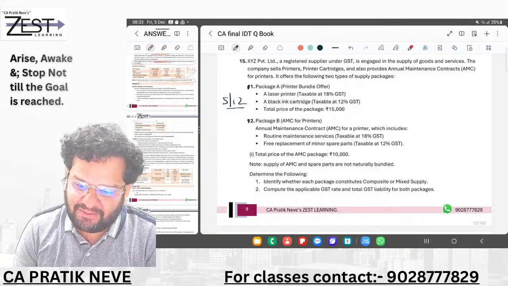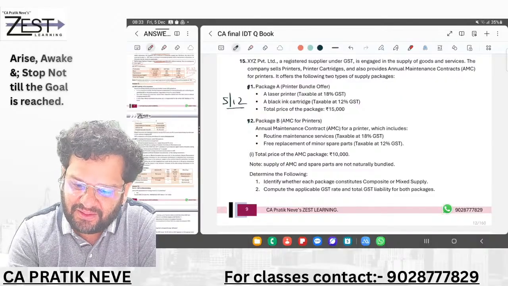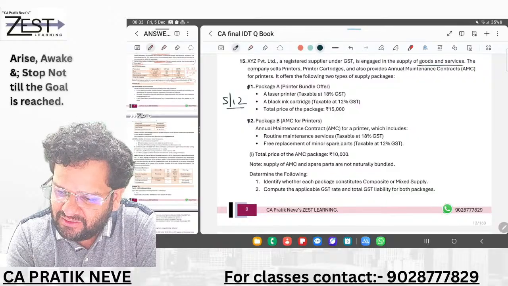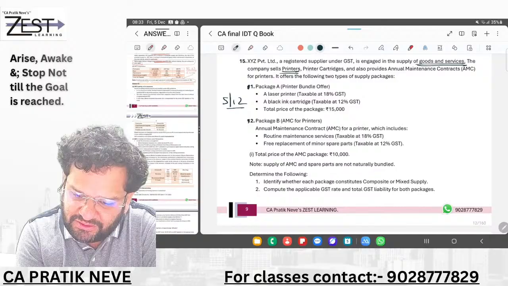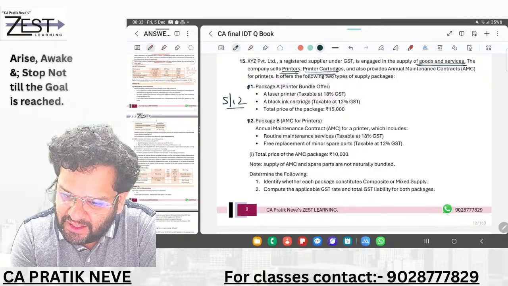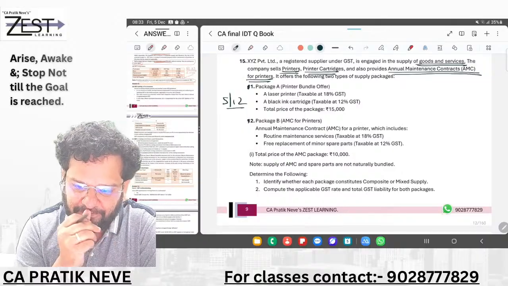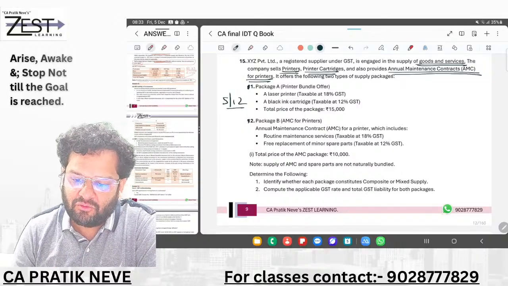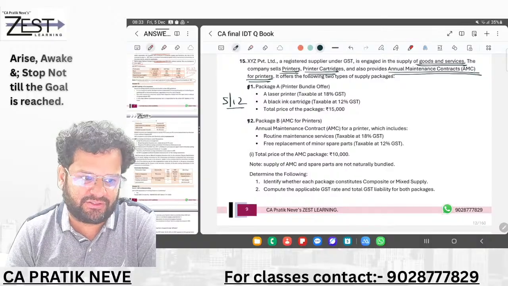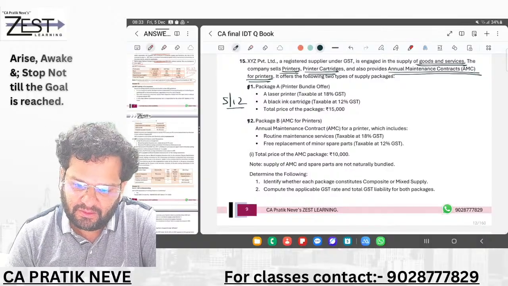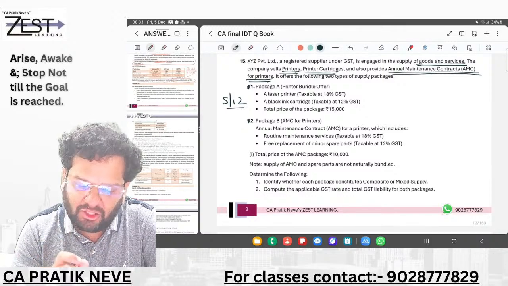XYZ Private Limited, a registered supplier under GST, is engaged in supply of goods and services. The company sells printers, printer cartridges, and also provides AMC for printers. It offers the following two types of supply packages.